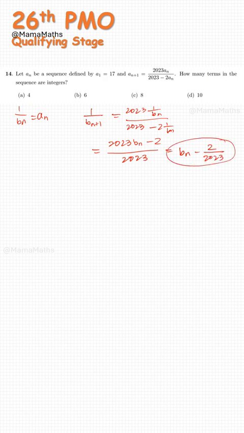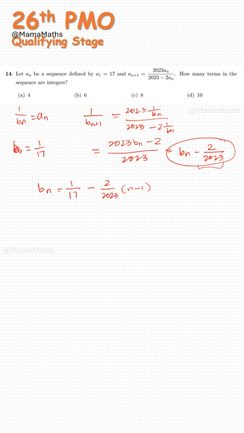Now, if you want to write this in the form of the nth term of an arithmetic sequence, this means that this is your d, or your common difference. We know a sub 1 is equal to 17, so your b sub 1 will now be 1 over 17. So we can write b sub n is equal to the first term minus 2 over 2023 times n minus 1.